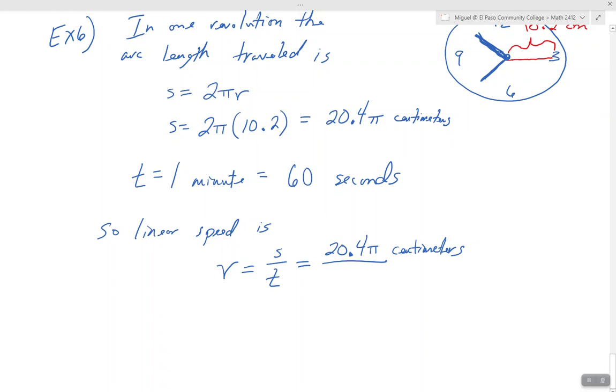In this case, let's use 60 seconds. If we divide this out on the calculator, we will get about 1.07. And remember, the units tell us what to put. So we took centimeters and divided by seconds. So it's centimeters per second. So the linear speed of that second hand is 1.07 centimeters per second.